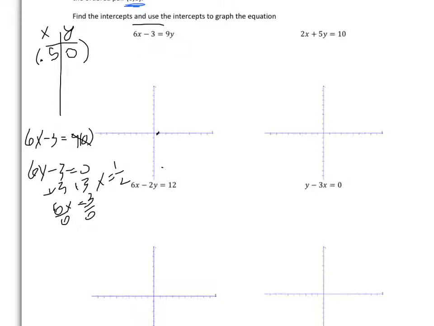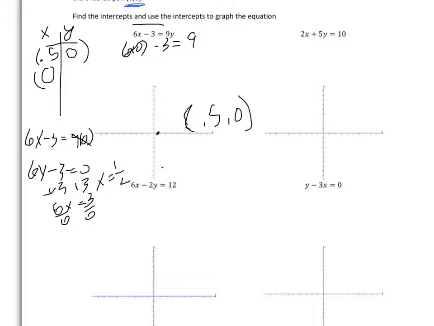so we can plot that. That's right there. So I'll say 0.5, comma 0. Now, we found the x-intercept. Now, if we find another point, like the y-intercept, we can graph it. So now what I'll do is I'll put 0 in for x. So plugging 0 in here, 6 times 0 minus 3 equals 9y.